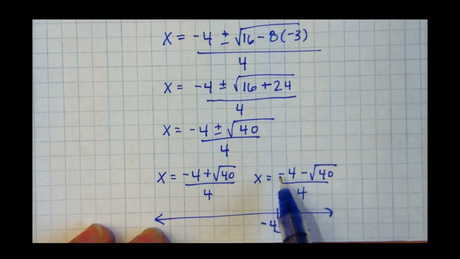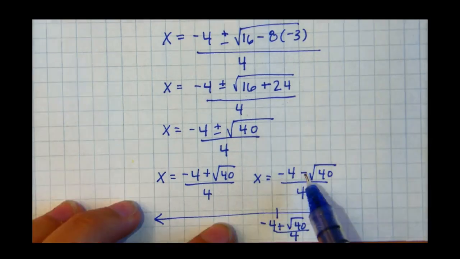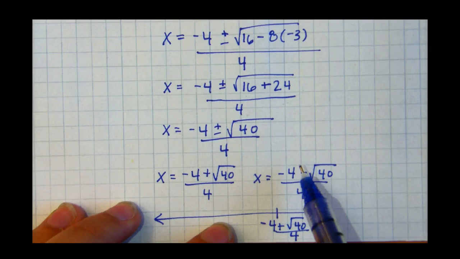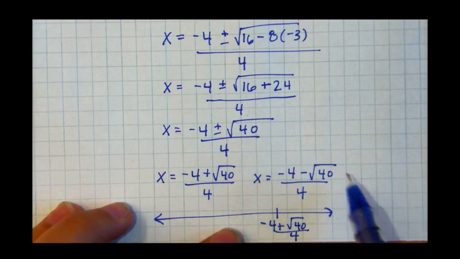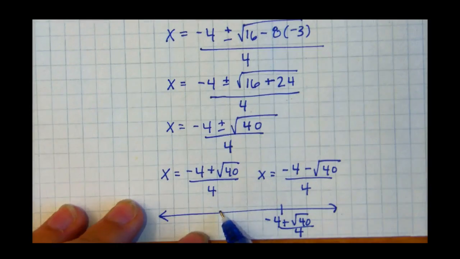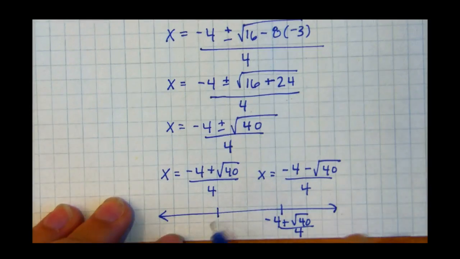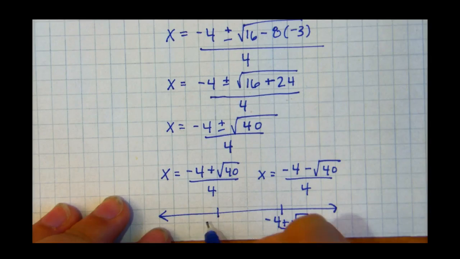Versus with this one, I've got a negative number, and I'm subtracting another number from it. So if I've got a negative minus any positive, I'm moving further away from 0. I'm getting smaller. So my smaller root is going to be -4 minus root 40 over 4.